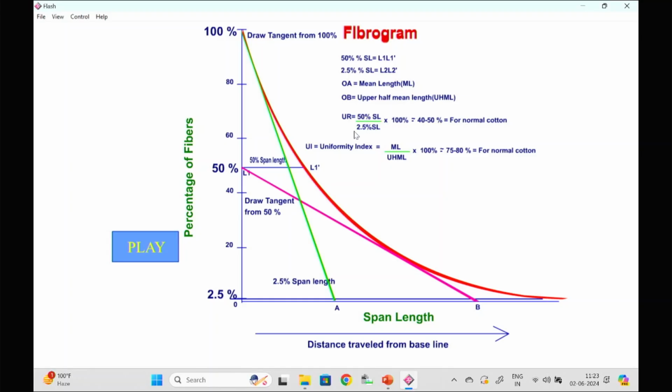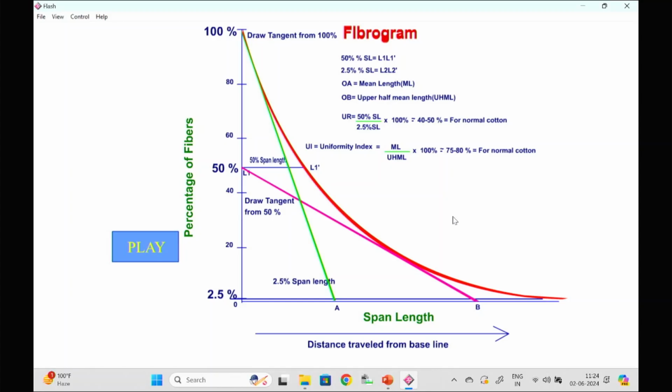Okay, and then we can calculate the uniformity ratio based on the span length, and the uniformity index is calculated based on the mean length and upper half mean length. The ratio of mean length and upper half mean length is the uniformity index.